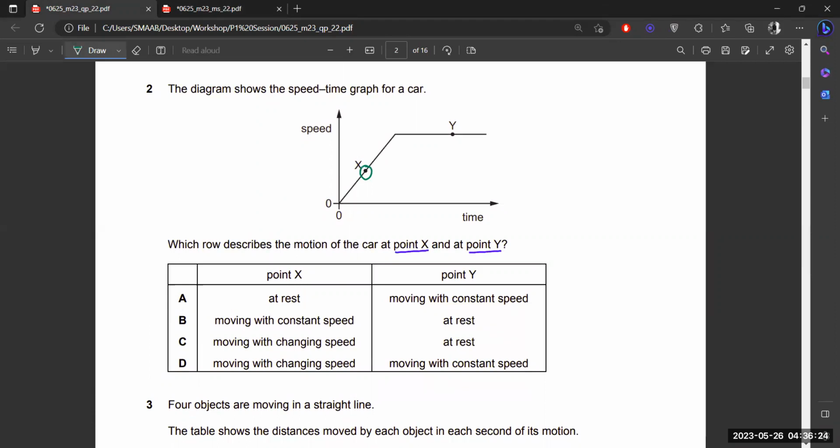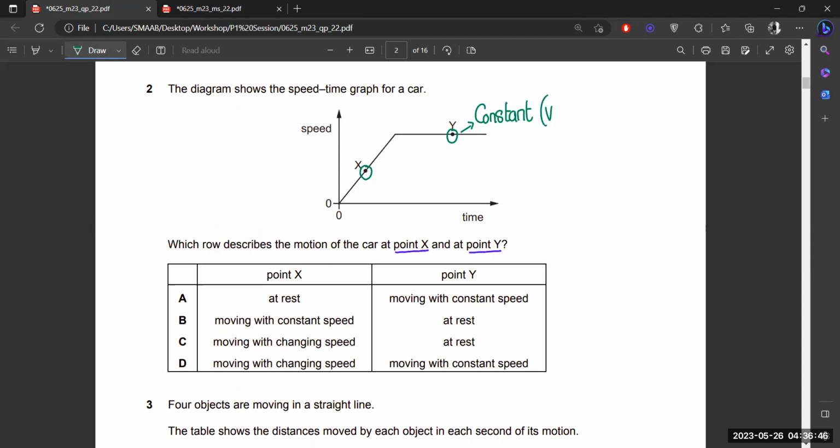It means the change of speed with respect to time is the same. It means there is constant acceleration. And at point Y, there is a straight horizontal line, so the body is moving with constant speed.